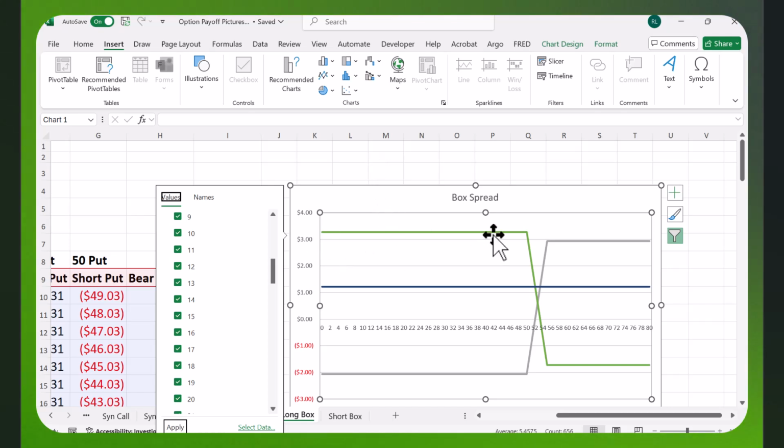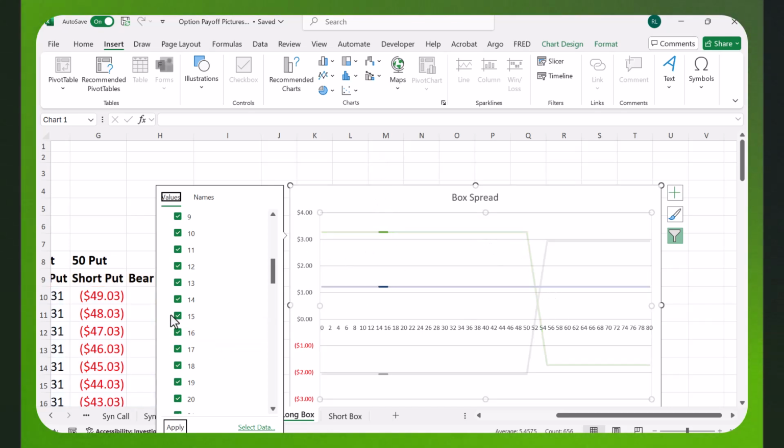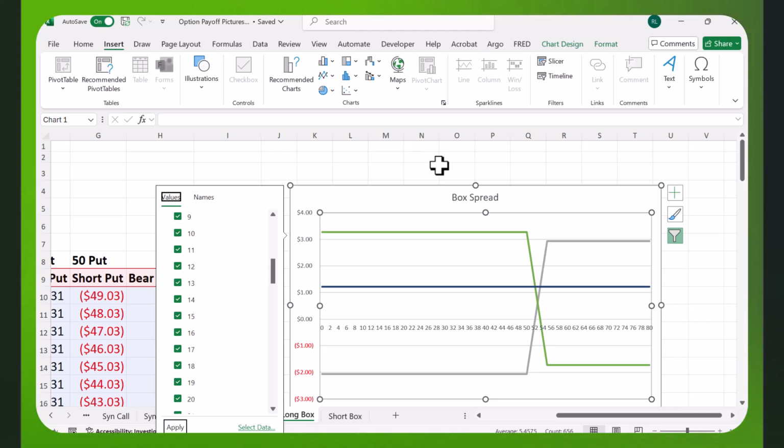So it's well worth learning to do in Excel to plot it so that you can actually see what it looks like. And you can do, as I did a minute ago, look at what the bull spread looks like by itself. You can look at what the bear spread looks like by itself. You can put the two together and get the box spread.